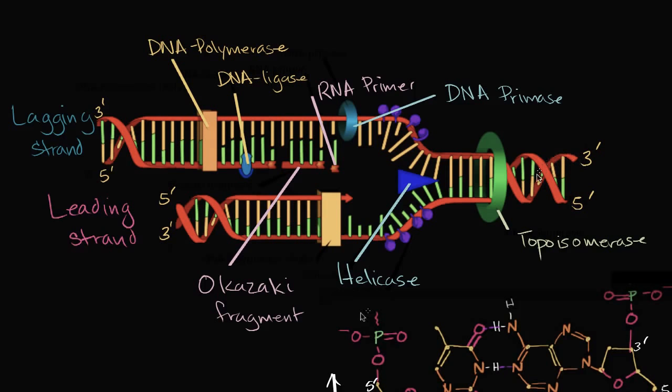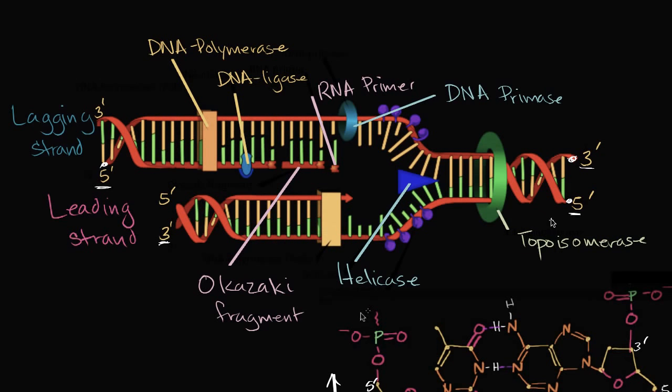This 3', if you follow it all the way over here, this is the corresponding 5' end. So this and this are the same strand, and this one, if you follow it along, all the way over here, is the same strand. So this is the 3' end and 3' end of it, and then this is the 5' end of it.